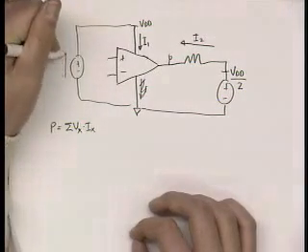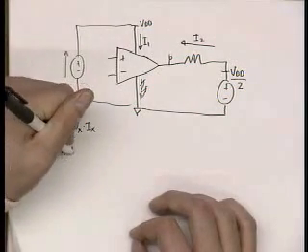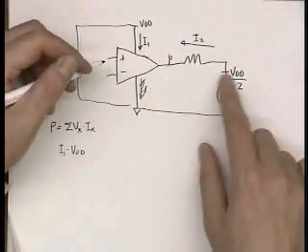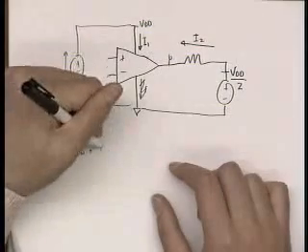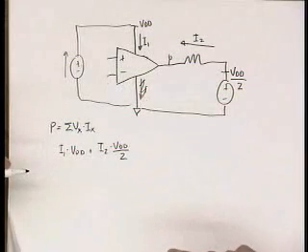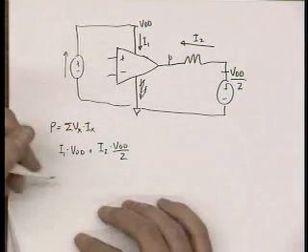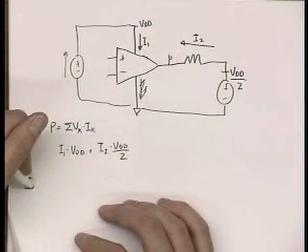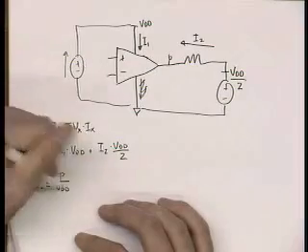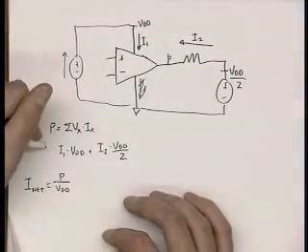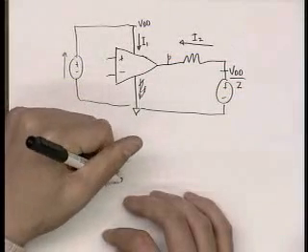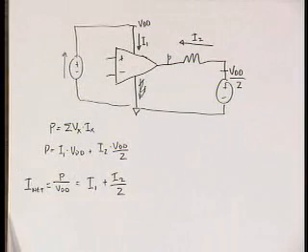So the voltage across this supply is I1 times VDD, okay? And the voltage across this supply is I2 times VDD over 2, okay? So the net current consumption can sort of be defined as I net is equal to the power over the supply voltage, okay? So if you do that, you get I net is equal to I1 plus I2 over 2, okay?